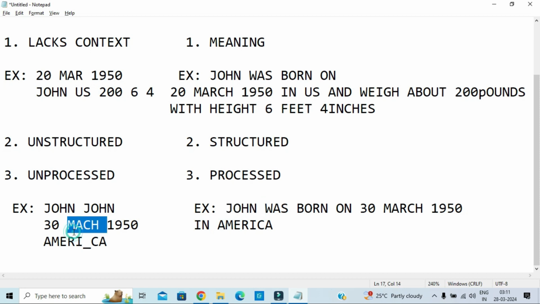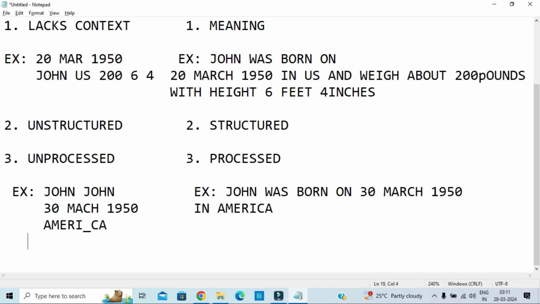MACH was corrected to MARCH, and in America the underscore was removed and it was represented in the right format. Hence this is processed and that is unprocessed. So this is how data and information are described. I hope you have understood the differences.